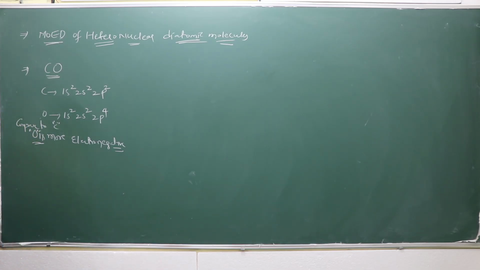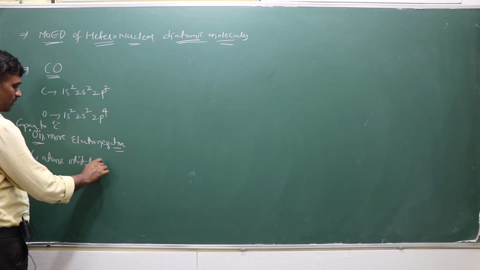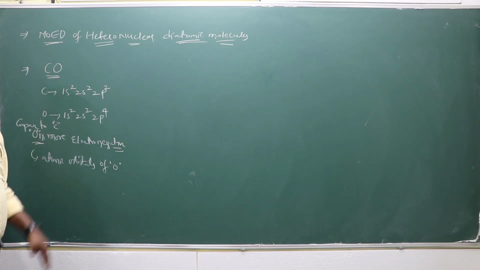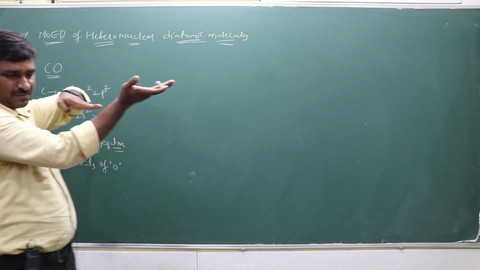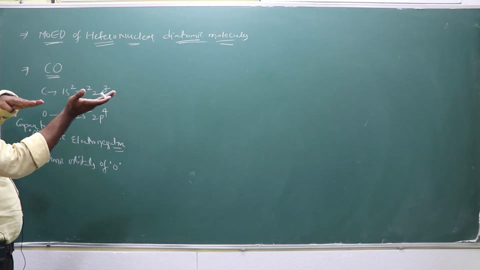When it is more electronegative, the atomic orbitals of carbon and oxygen are not in the same energy level, not at closer energy.